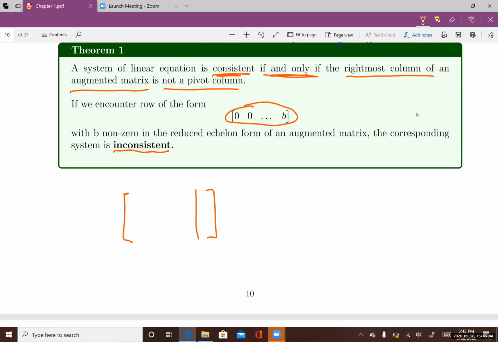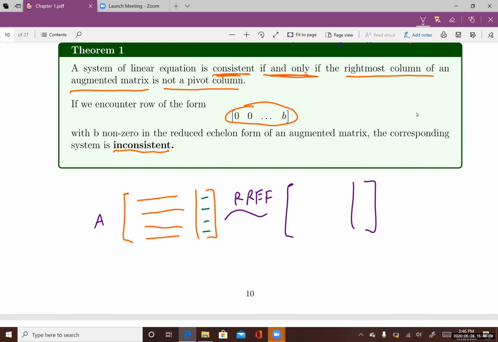So first, you have your equations, right? And then you have a constant column 2. And then when you reduce this matrix to the reduced row echelon form, this system will be consistent.